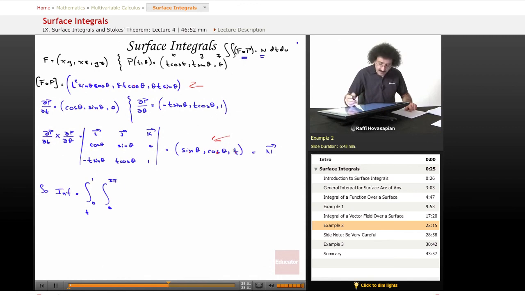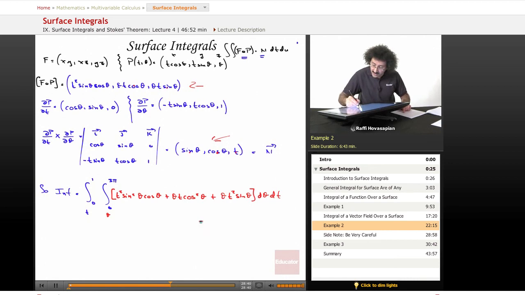So my integrand is going to look like this: t squared sine squared theta cosine theta, plus theta t cosine squared theta, plus theta t squared sine theta. And I did theta first, so this is going to be d theta, and dt is going to be last.